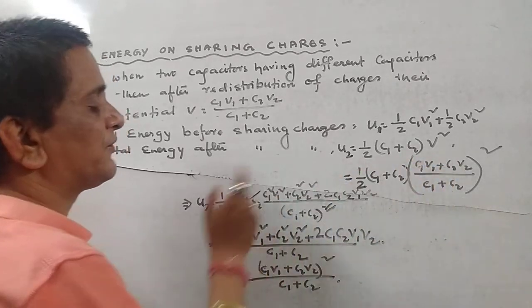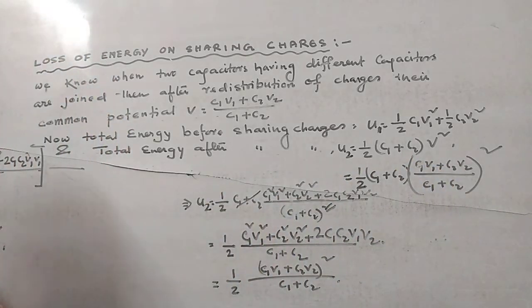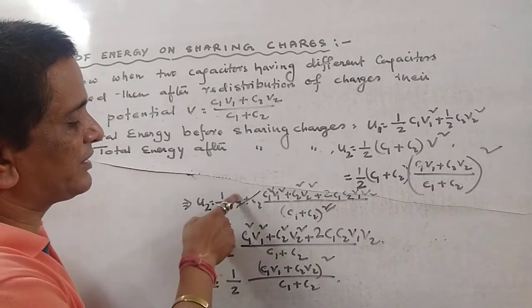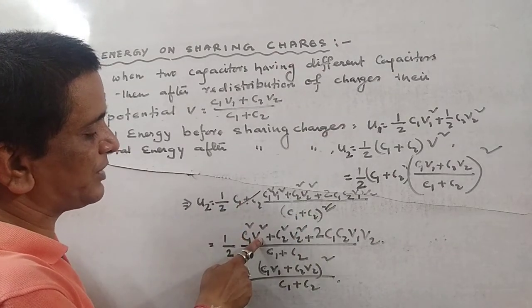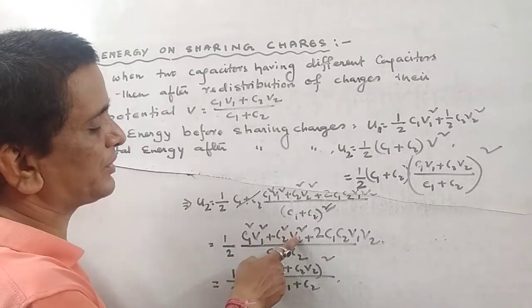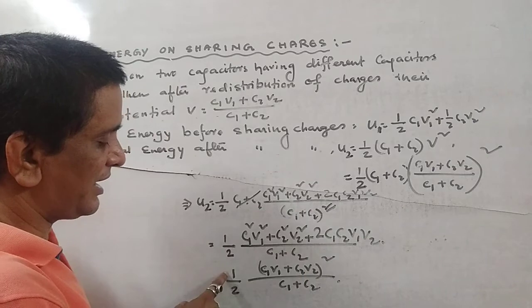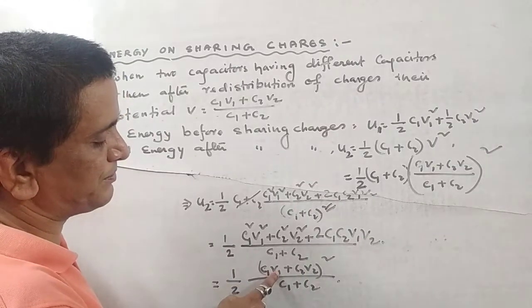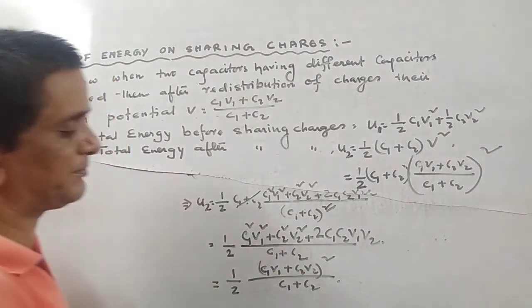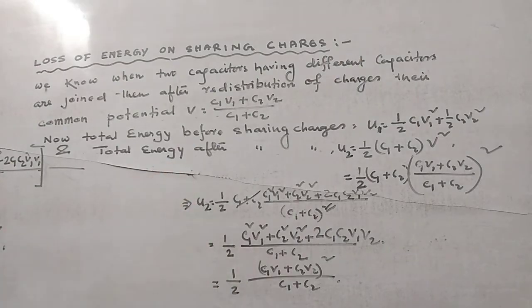We have used only the formula of (A plus B) whole square. Is it clear? When we cancel it, we get half into C1 V1 plus C2 V2 whole thing square divided by C1 plus C2. This is your U2.